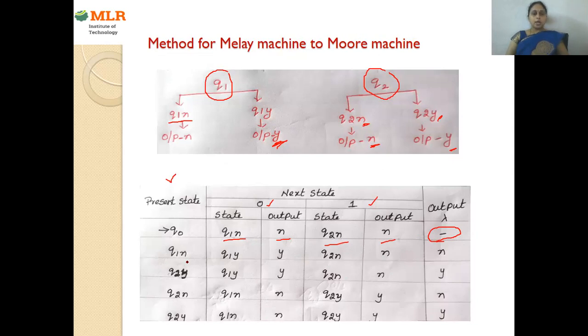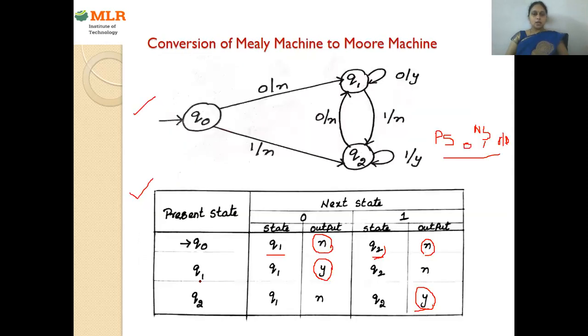Right, Q1N. Now, what are the new states that are going to appear? That is Q1N and Q1Y. For this, we need to write the states. Q1N is nothing but Q1. On Q1, what states are you going to get? The same thing you write for Q1N and Q1Y. Q1N is nothing but Q1, and the output is Y here.